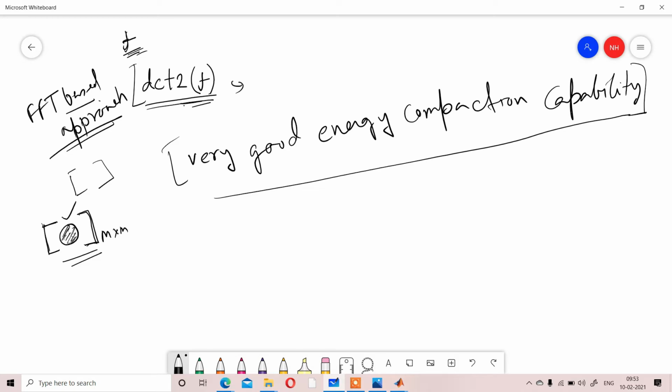If we represent the matrix of that image F, that information will be stored in very few data.